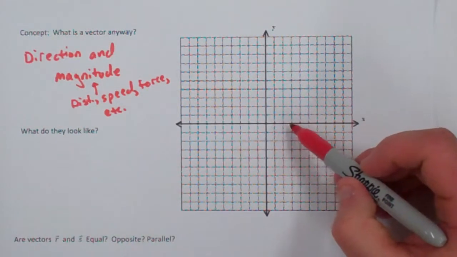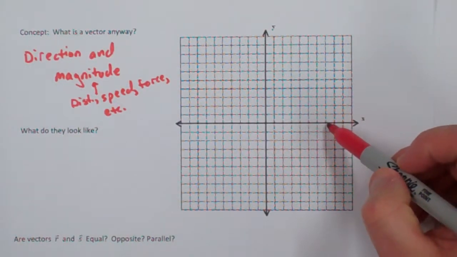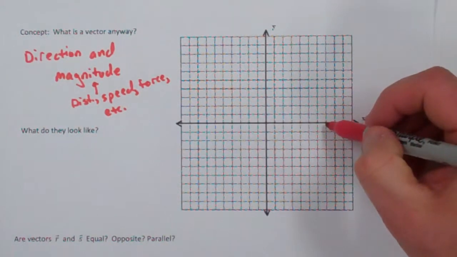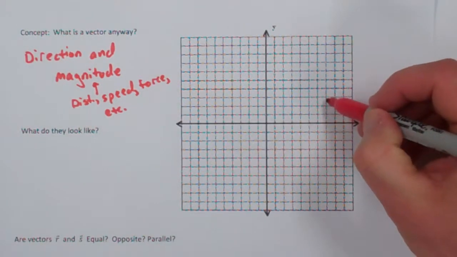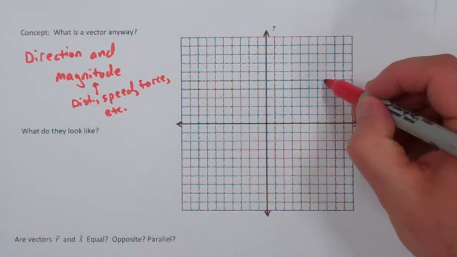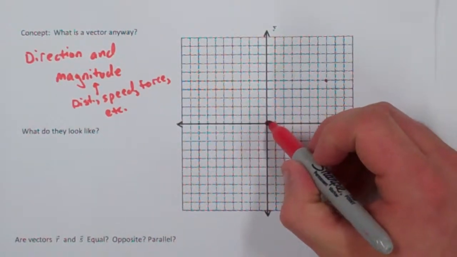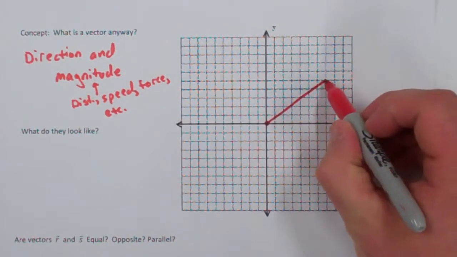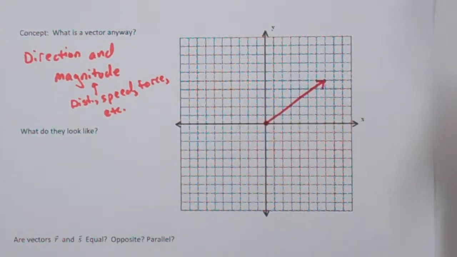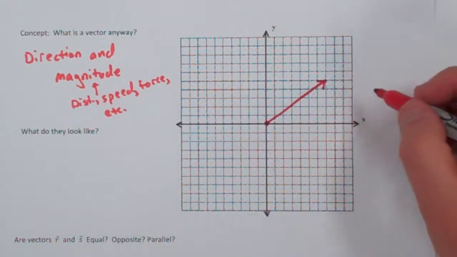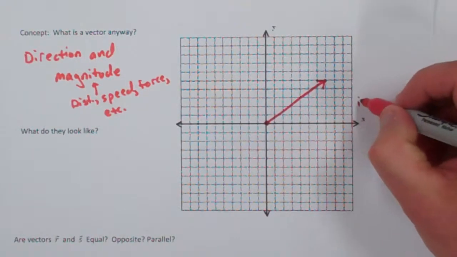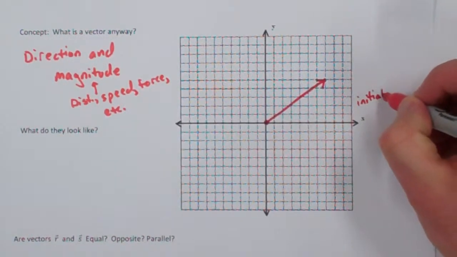So we're going to go right by about 7 units, and then we're going to go up 1, 2, 3, 4, 5. And I'm going to put an initial point right here, and then I'm going to put a terminal point right here. So we could even write that. The initial point is where you start.